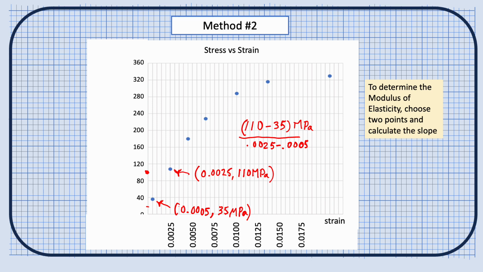So my units for modulus just here are megapascal, but my number is going to be 10 to the 3 big, and so I'll convert that to gigapascal.